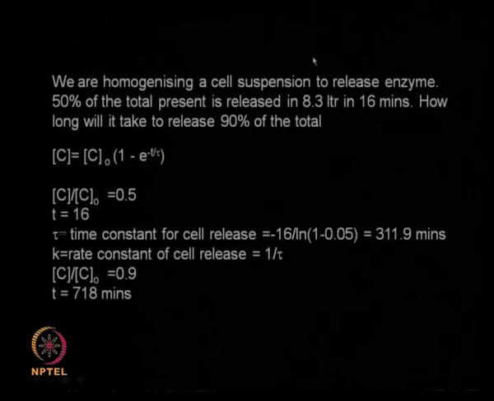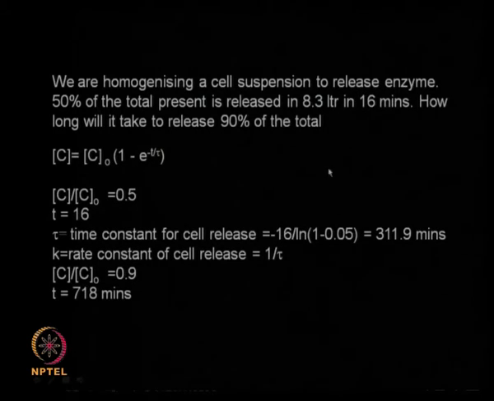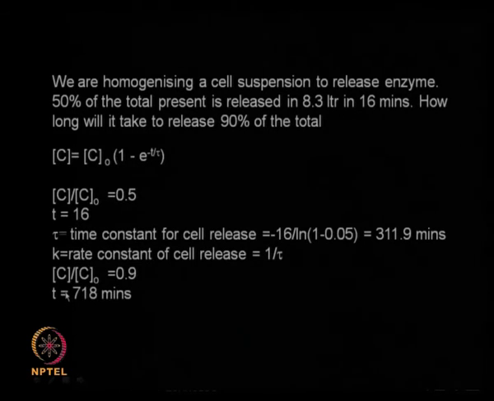For example here 50% is collected in 16 minutes, whereas 90% will require almost 718 minutes, that is a very long time. So from 16 minutes it has gone up to 718 minutes. If we want to reduce the time, what can we do?